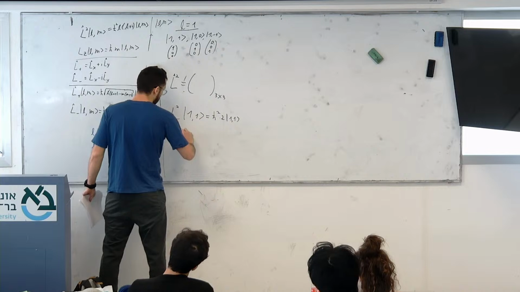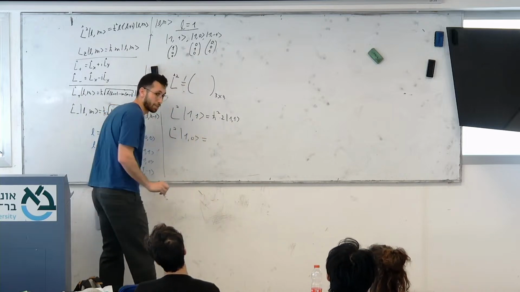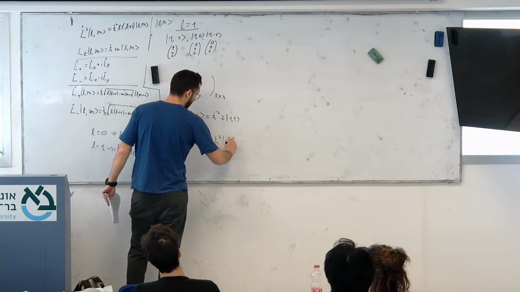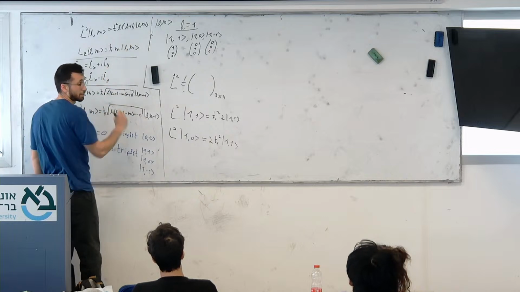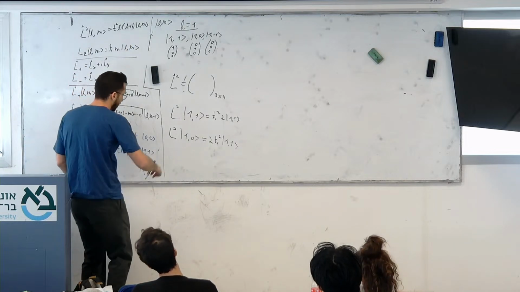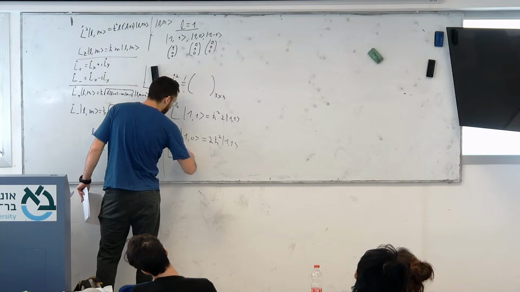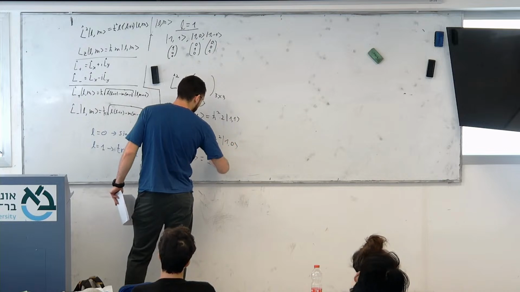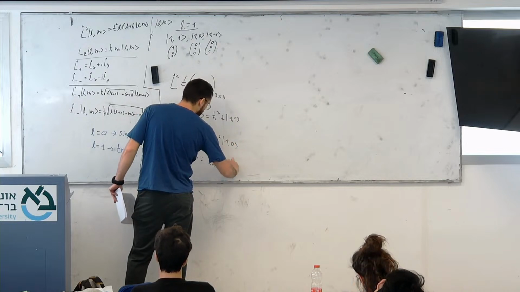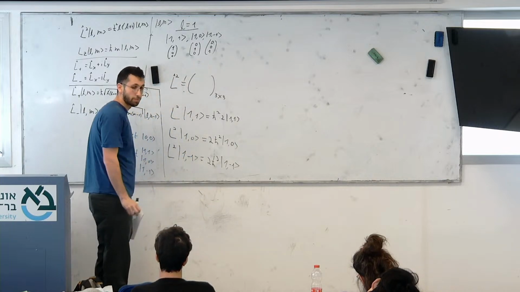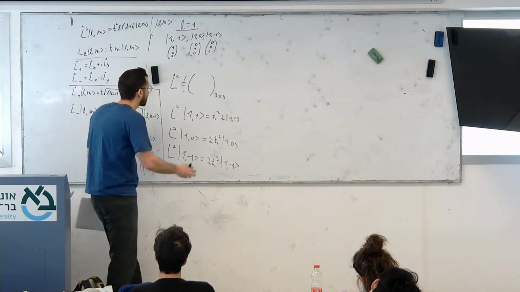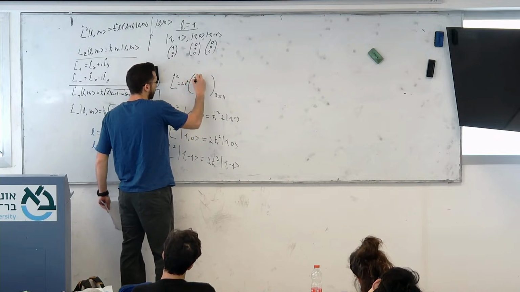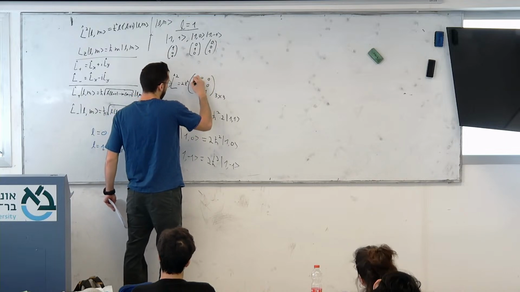If I apply it to |1,0>, I get 2 h bar squared |1,0>, because it depends only on the total angular momentum, not on m. And if I apply it to |1,-1>, I get 2 h bar squared |1,-1>. So the matrix operator is going to be 2 h bar squared times the 3 by 3 identity matrix.